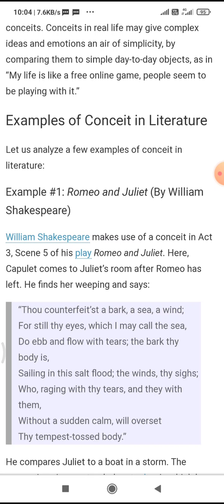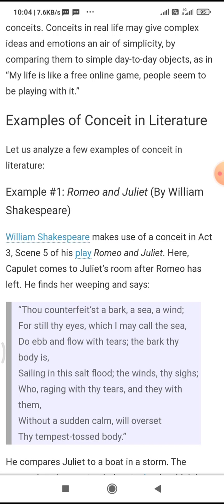Sailing in this salt flood, the winds thy sighs, who raging with thy tears, and they with them, without a sudden calm, will overset thy tempest tossed body." Here he compares Juliet to a boat in a storm.